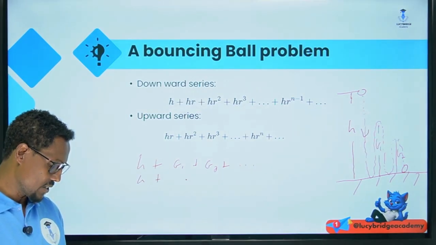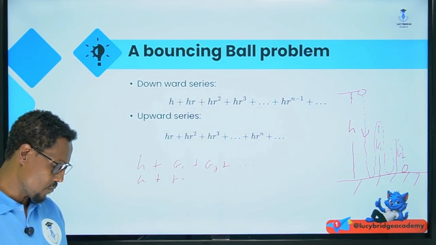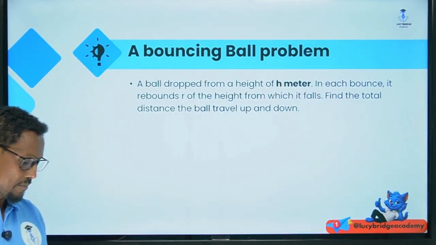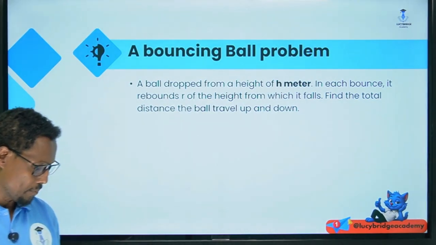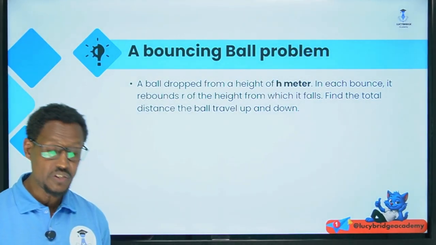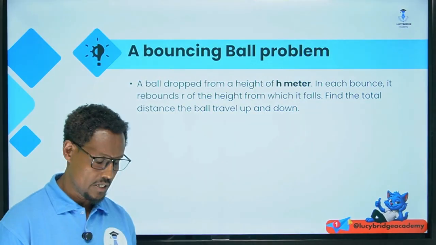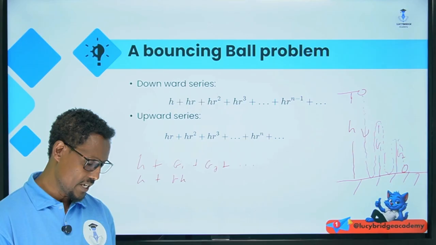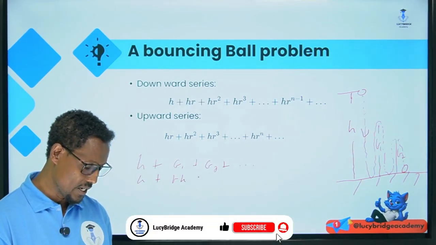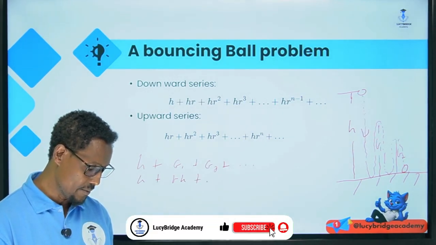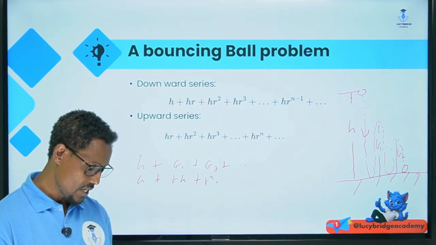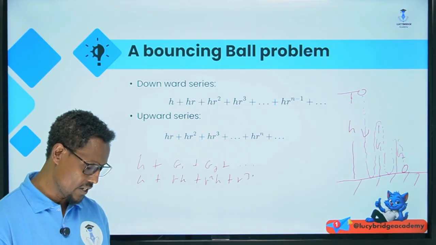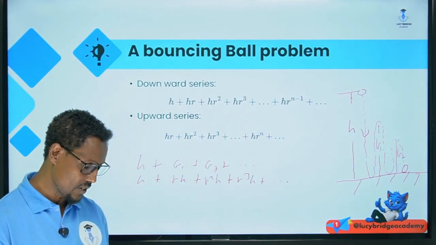What is g1? g1 can be written in the form of r times h, okay, because it rebounds r of the height from which it falls. The common ratio is r, so r times h means g1, again plus r times r squared times h is g2, plus r cubed times h is g3, plus it continues like this.